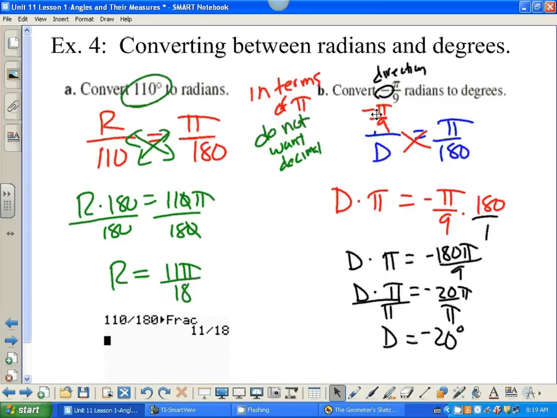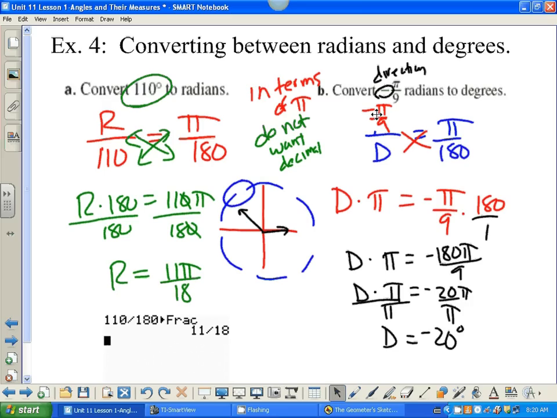So just use your brain for just a minute. 110 degrees in standard position is going to be a second quadrant angle. And if you remember what I just showed you, where this was 1 radian, here's a radian, here's a radian, here was a radian. Doesn't it look like 110 is in this vicinity, between 1 and 2 radians?